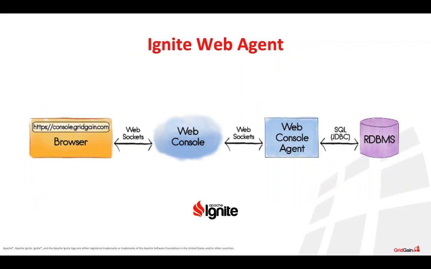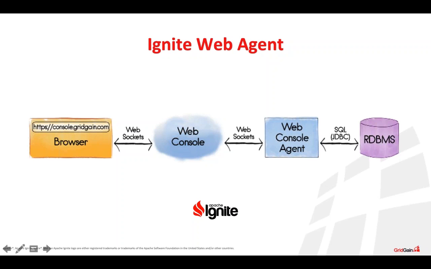A bit more detail on how technically Web Console communicates to a database or to your cluster is shown on this slide. So let's imagine that your Web Console is deployed on some hardware, and then you open up a browser and go to your Web Console deployment.